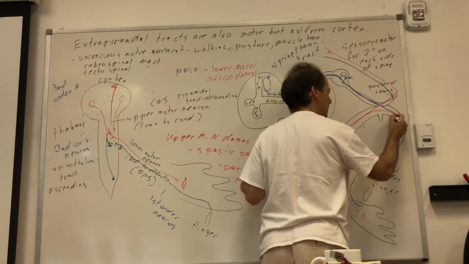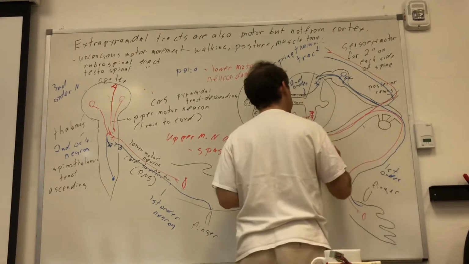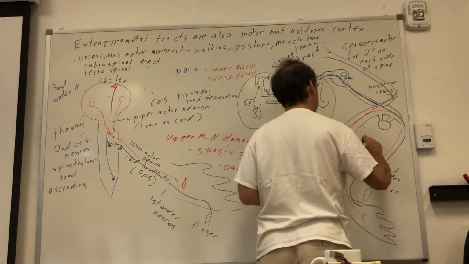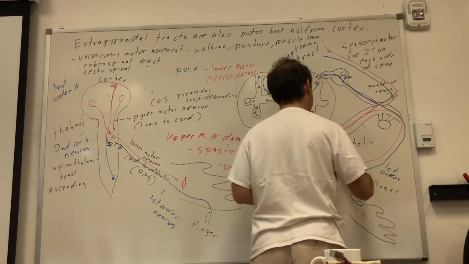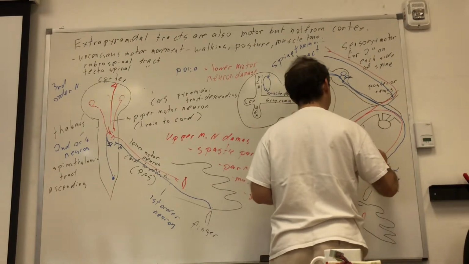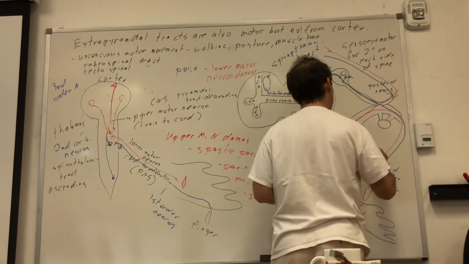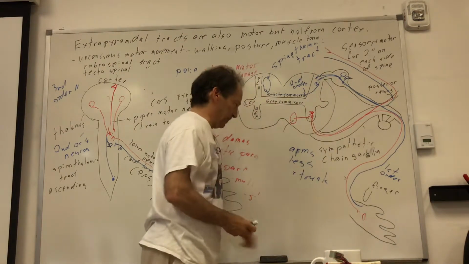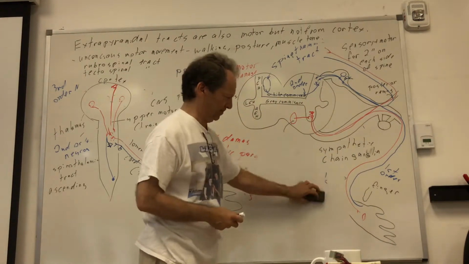And this thing is the sympathetic chain ganglia. Now, obviously, as the name implies, it's for the sympathetic nervous system.